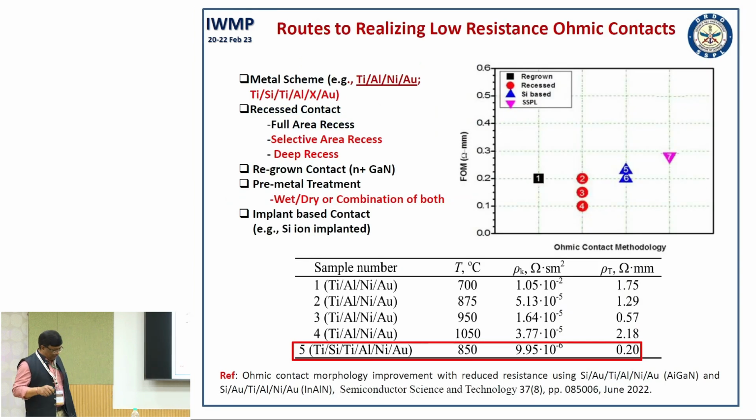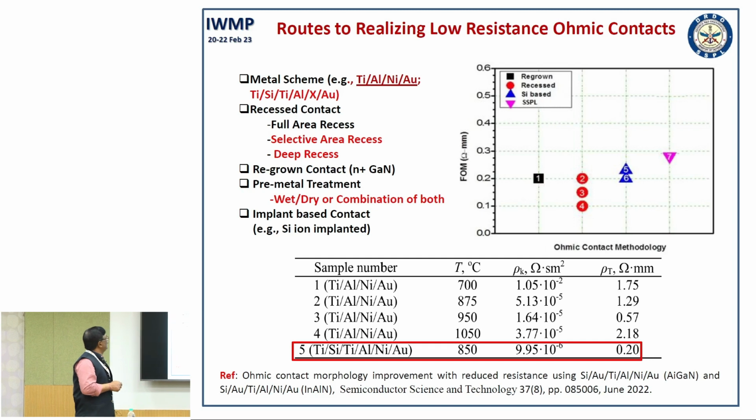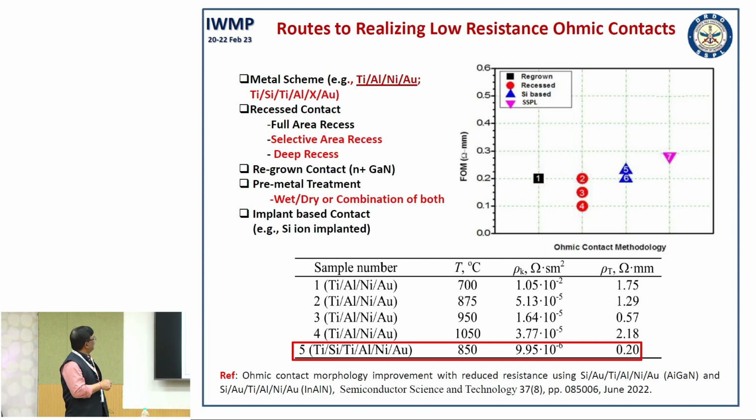Then other important thing which I mentioned is source and drain ohmic contacts. They are very critical. Conventionally we were using Ti/Al/Ni/Au, but now we have modified it with Ti/Si/Ti/Al/Ni/Au, and details of this process were published recently in Semiconductor Science and Technology, and now we have 0.1 ohm mm figure of merit for ohmic contacts.